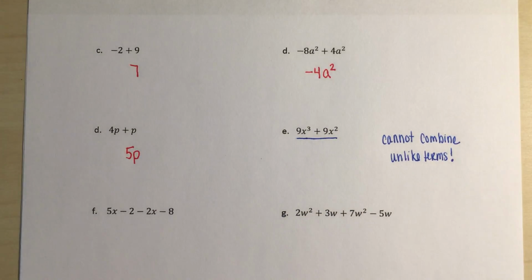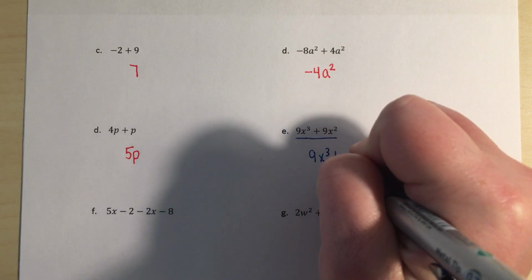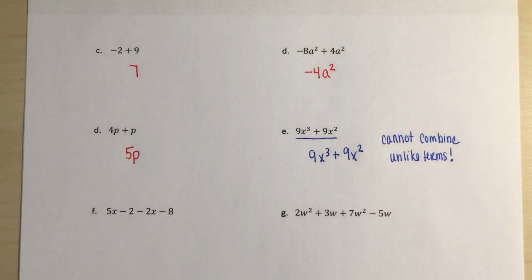So in this case, since we cannot combine our unlike terms, we can't simplify this expression anymore. It's just going to stay 9x cubed plus 9x squared. We have the same variable, but they have different exponents. So we can't combine them. They have to stay separate.